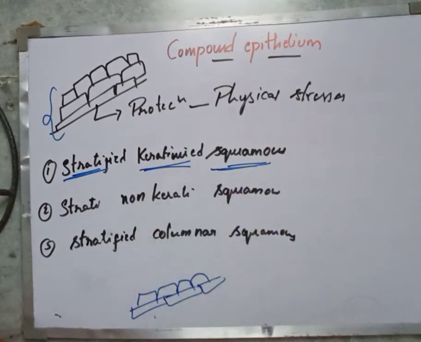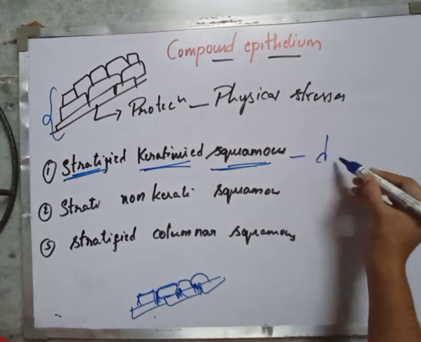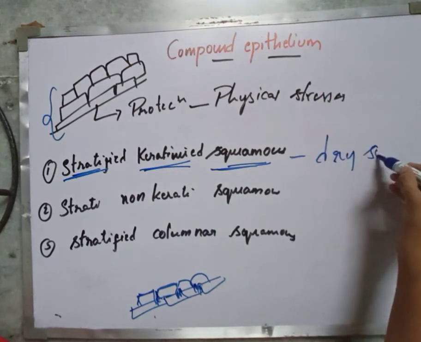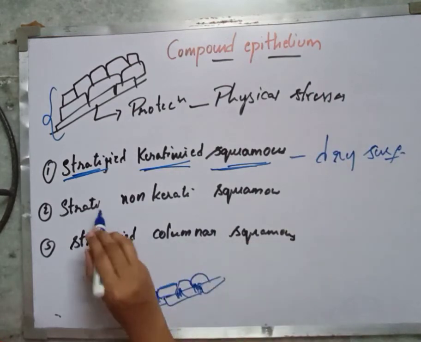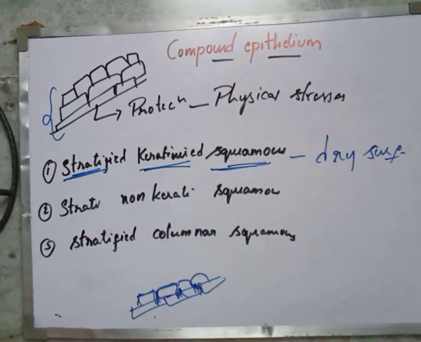And keratinized means keratin filaments are present between the layers. So if more layers of tile-like cells are present and they contain keratin filaments in between them, it is called stratified keratinized squamous epithelium. It is found on the dry surfaces of the skin. So this is about stratified keratinized squamous epithelium.